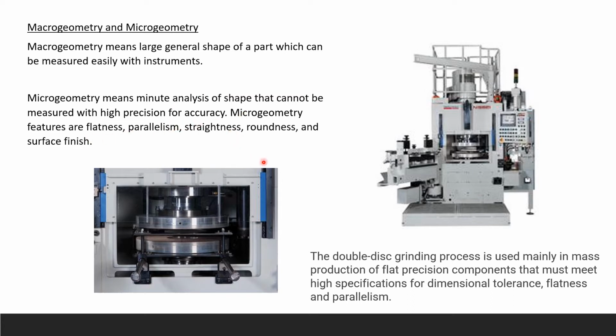So microgeometry features are flatness, parallelism, straightness, roundness, and the surface finish. And we usually use the double disc grinding process in mass production of flat precision components, and that must meet the high specifications for dimensional tolerance of flatness and parallelism. So devices like this. Okay.